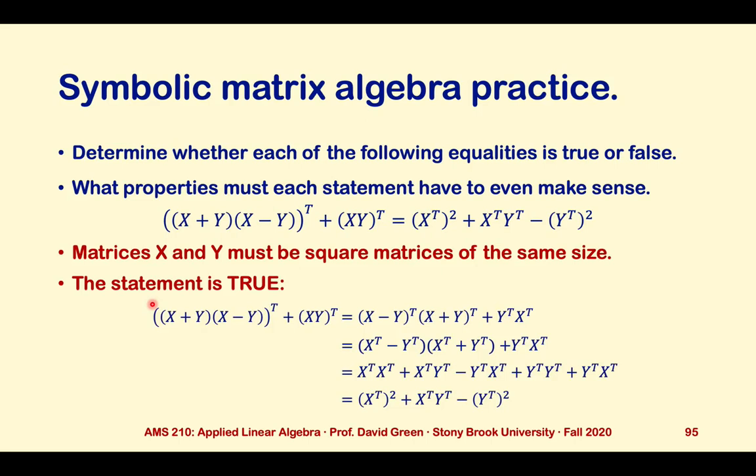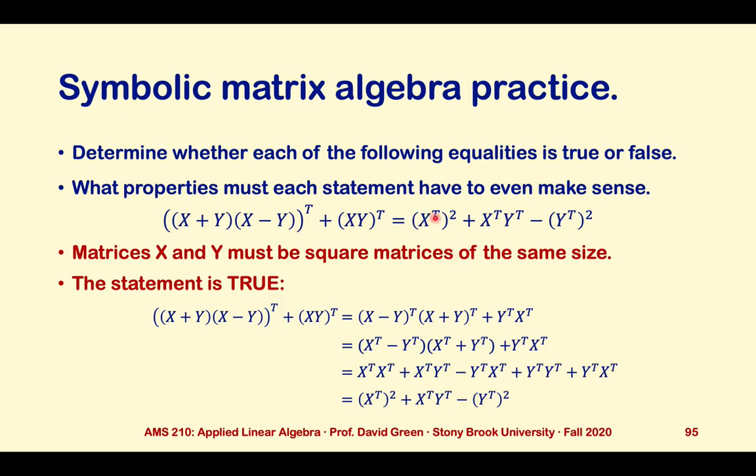Well, once again, we have powers of matrices. Powers of matrices are only well defined if they are square matrices. So x and y have to be square. Should note that when you take the transpose of a square matrix, it is also a square matrix of the same size.